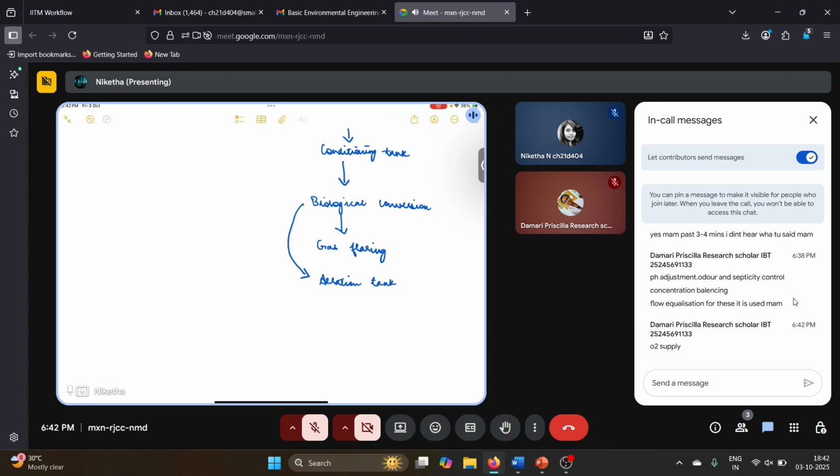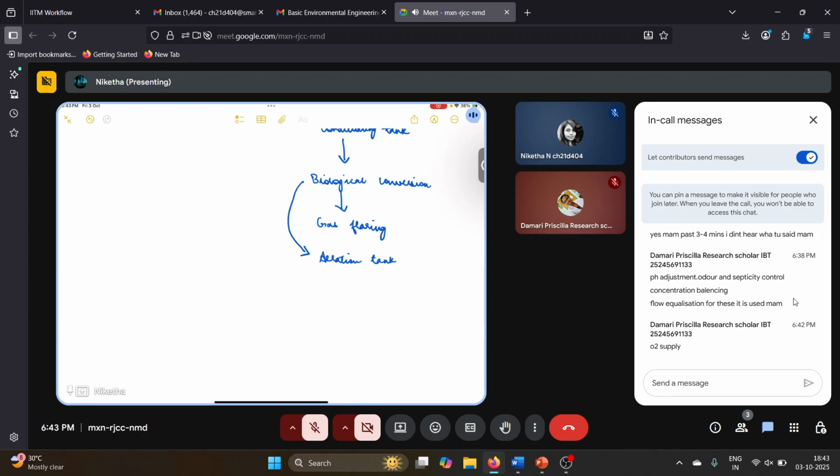Because mostly we go for aerobic treatment processes, be it the activated sludge process or the trickling filter. All these are aerobic processes in which we need oxygen supply. Oxygen is for the bacteria to grow, because along with the organic substrates, it also needs oxygen for its metabolism and for its growth and multiplication. So that is why we need to supply oxygen, and for this we are using an aeration tank.